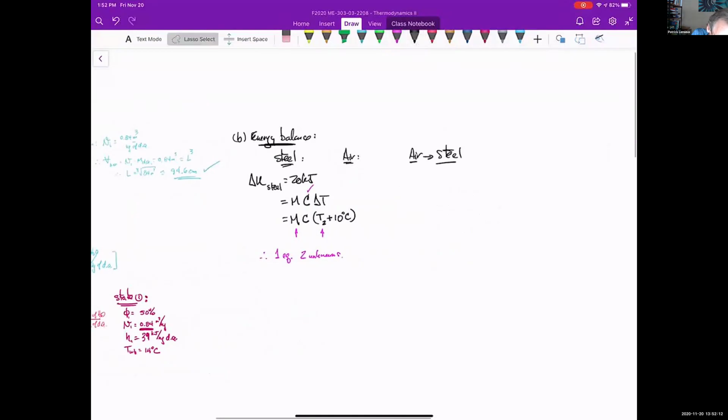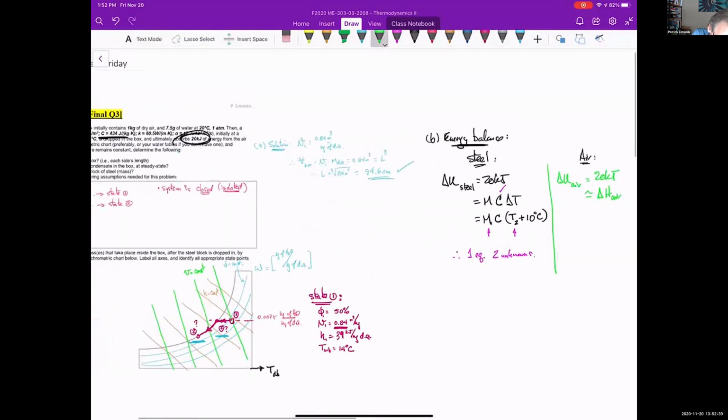Well, let's keep going. Let's look at what's happening to the air. For the air, I've got the exact same thing, right? The change in internal energy of the air must also be equal to 20 kilojoules. That's great. And as we said, because the pressure is constant, this is approximately equal to the change in enthalpy of the air.